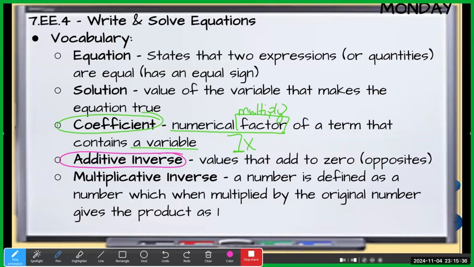Chloe, give me an example. Kayla, give me an example. Ariana, give me an example.